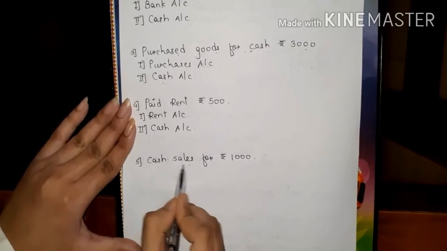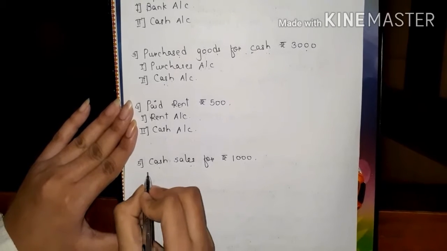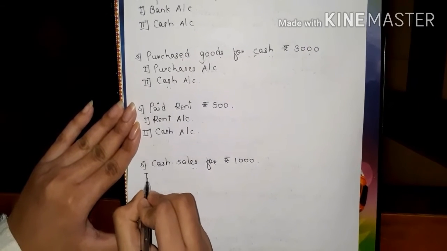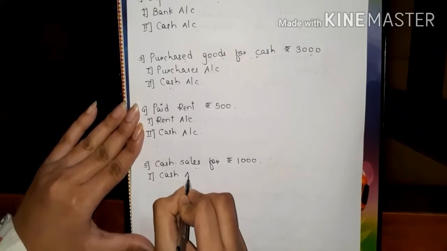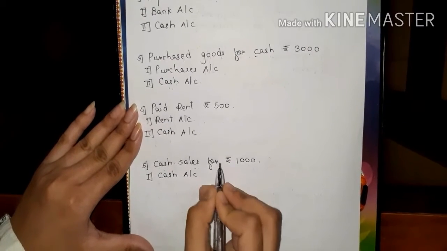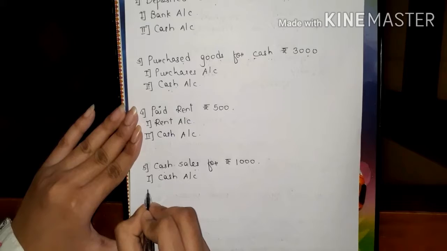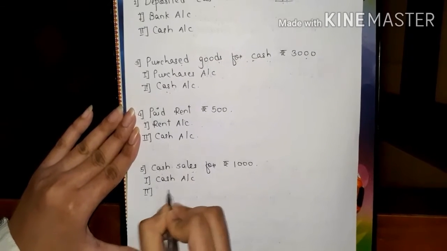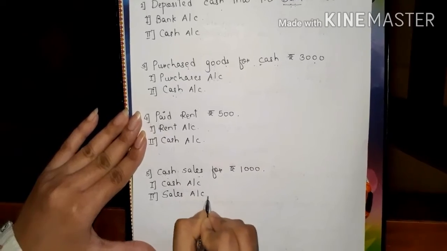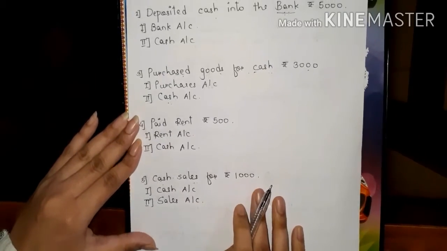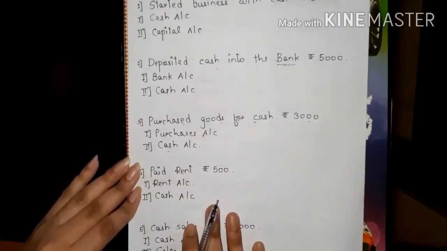So the first account will be cash account, as we have received cash immediately because we have sold goods to the buyer, and the other account will be sales account, as selling has taken place over here. I hope you understood all these transactions.